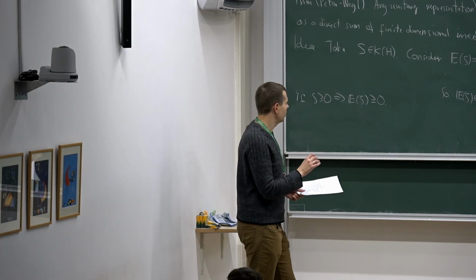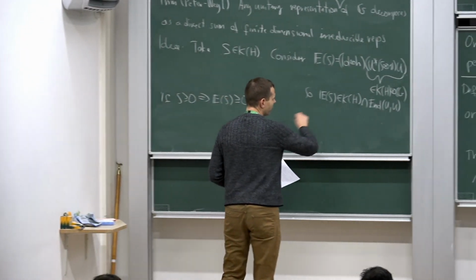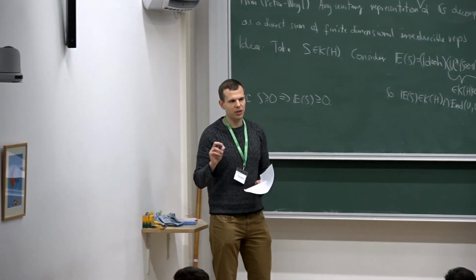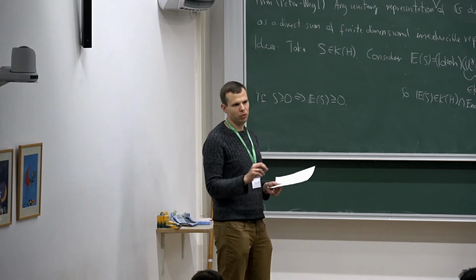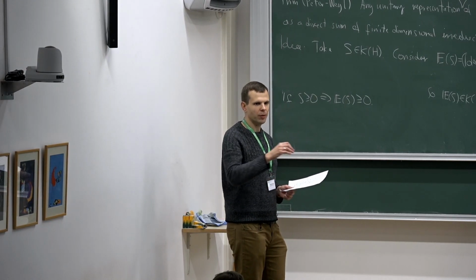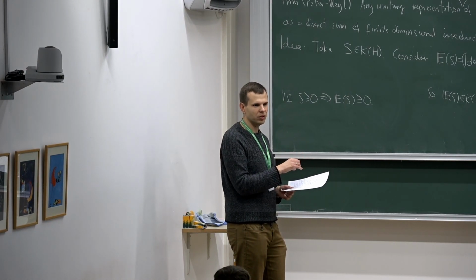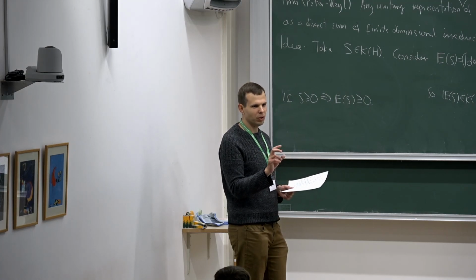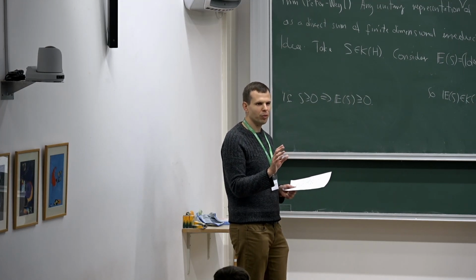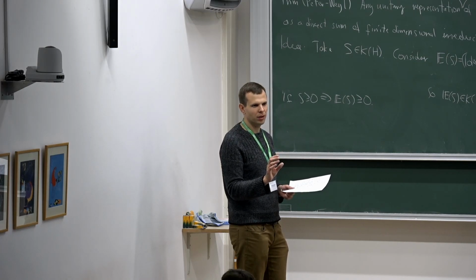So if you have a compact positive operator, you can diagonalize it, and it will have finite dimensional eigenspaces. And the projections onto the eigenspaces will give you some finite dimensional sub-representations. Now there is one slight thing to note: in principle, E of S can always be 0, right? This is not that clear.